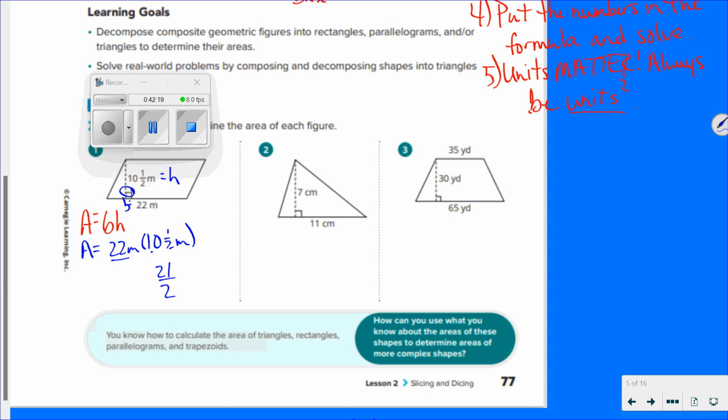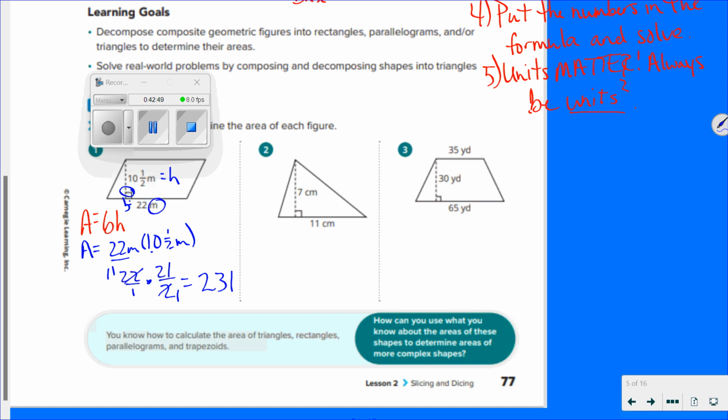What do I do with the 22 to make it an improper fraction? Ethan? Put it over 1. 22 over 1. I'm multiplying, so I can look for reductions. I have a 2 and a 22, so I can make that a 1 and an 11, which makes the math far easier. Technically you can do that in your head. 10 times 21 is 210. I add one more. 210 plus 21 gives me 231.